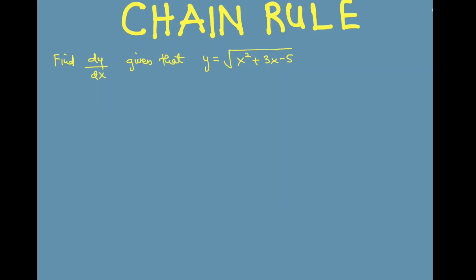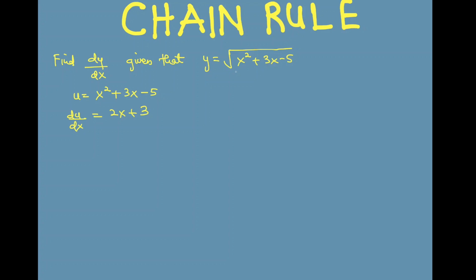In this example, we are to find the derivative of y with respect to x, given that y equals the square root of x squared plus 3x minus 5. We have our inside function as u equals x squared plus 3x minus 5, and so the derivative of u with respect to x becomes 2x plus 3.